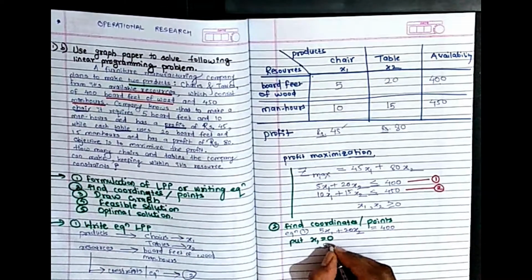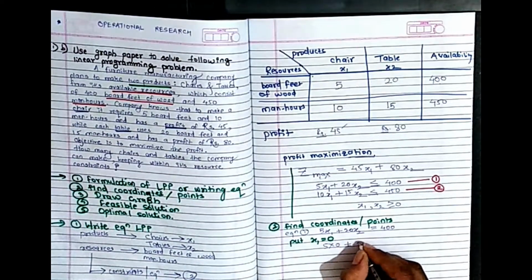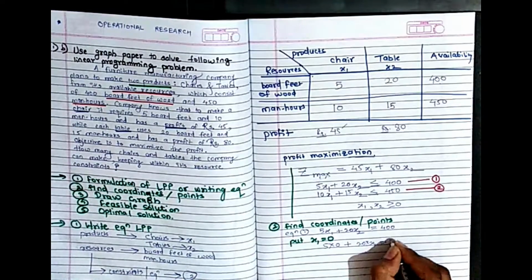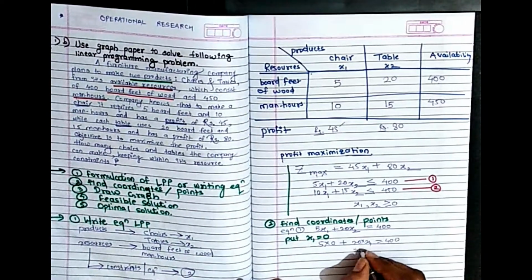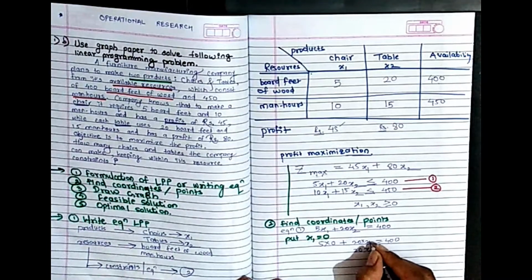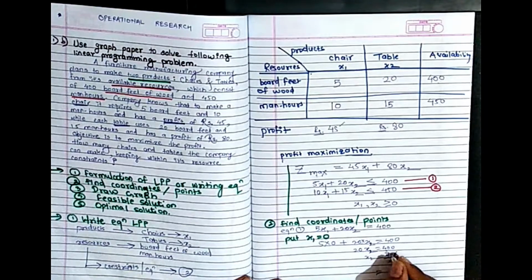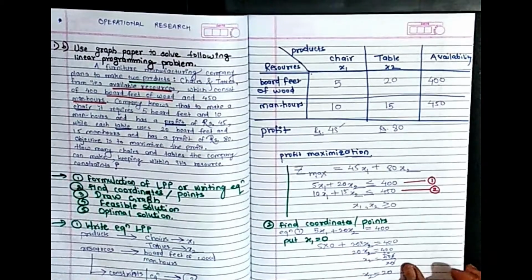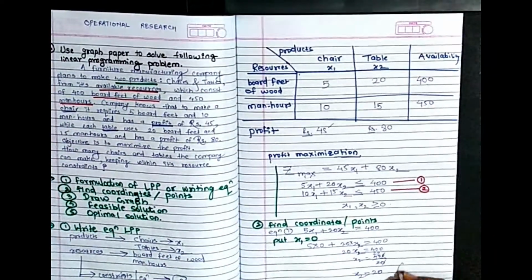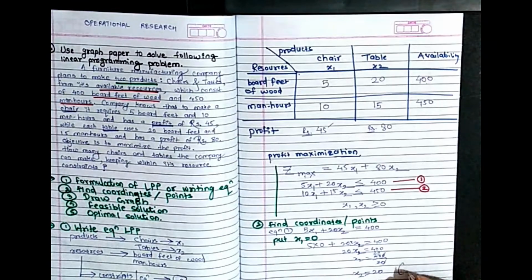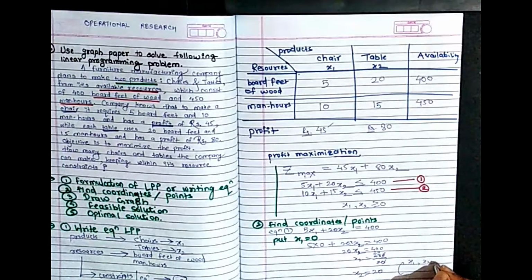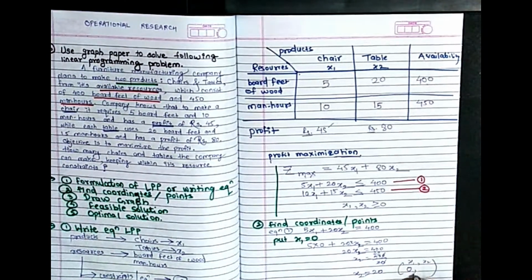So 5 into 0 plus 20 into x2 is equal to 400. So 20x2 is equal to 400, so x2 is equal to 400 divided by 20, which is 20. Our points are always in the format x1 comma x2, so this point will be (0, 20).